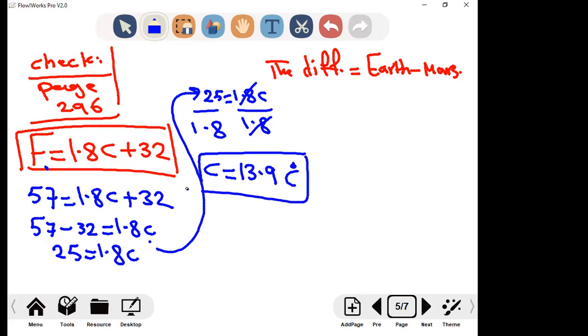So what's the temperature for the Earth in Celsius? But how about the Mars in the table? Is Mars given in Fahrenheit or Celsius? So it is ready, right?